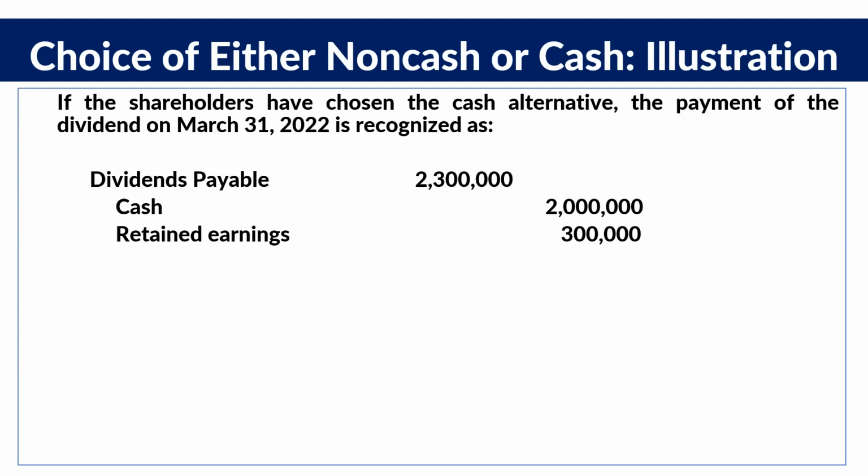And then we adjust our retained earnings by 300,000. Because initially, retained earnings was debited for 2.3 million. Since the final settlement is only 2 million, the excess 300,000 we return to retained earnings.